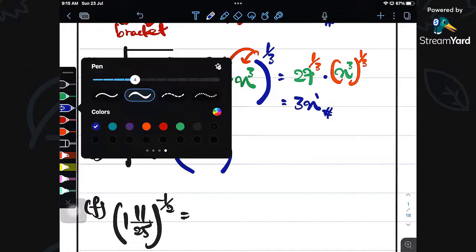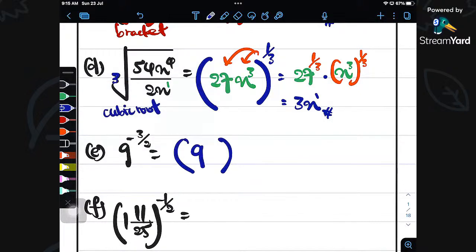Maksud saya, dalam ni ada nombor 9, yes, the same base. And then di dalam bracket ini, kita pilih the positive power inside. Okay, the positive power means 1/2 ni adalah power yang positive. So make sure always positive inside of this bracket. Dan manakala di luar ini akan jadi negatif 3. Sebab kita faham negatif 3 darab 1/2 adalah negatif 3/2.